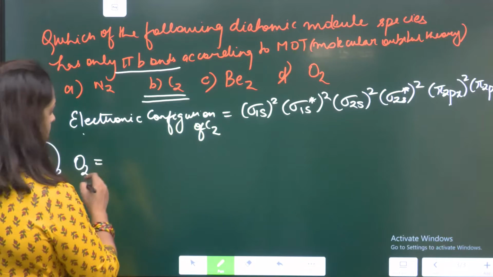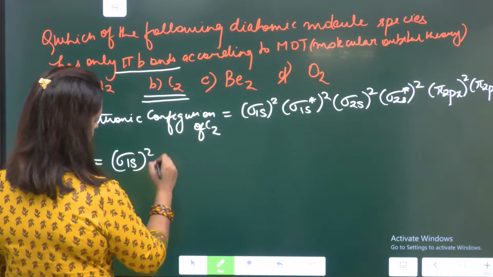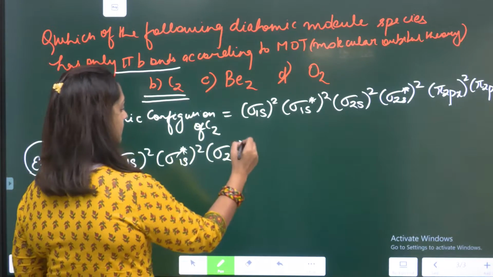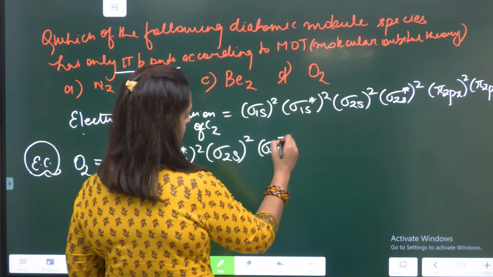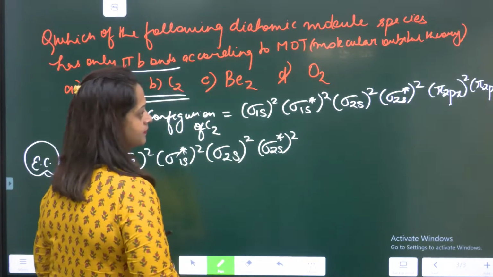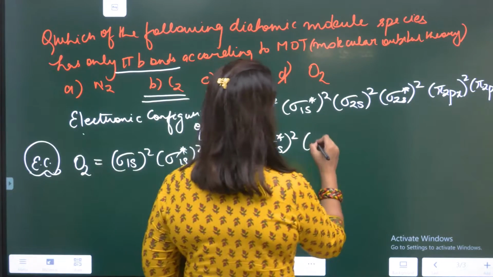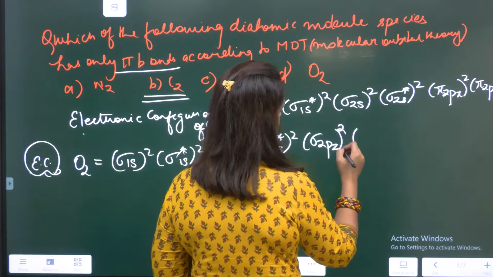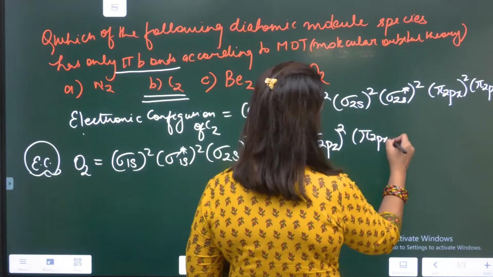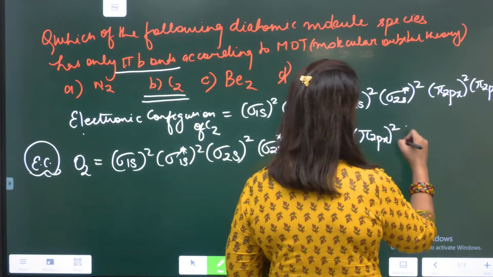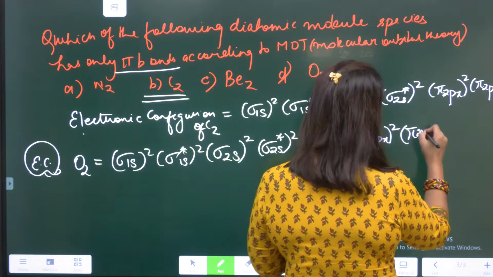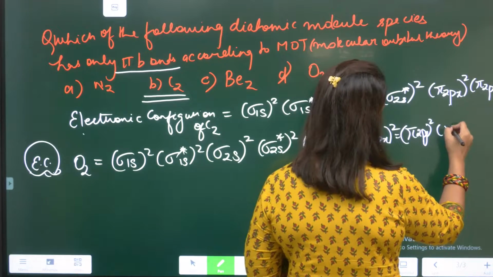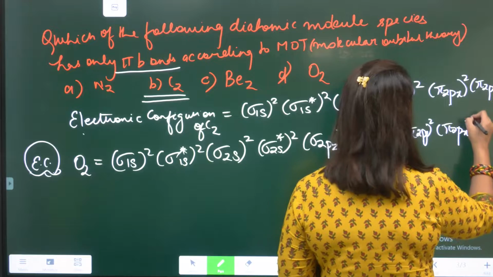Sigma 1s2, sigma star 1s2, sigma 2s2, sigma star 2s2, then sigma 2pz2, then pi 2px2 equal to pi 2py2, pi star 2px1, pi star 2py1.